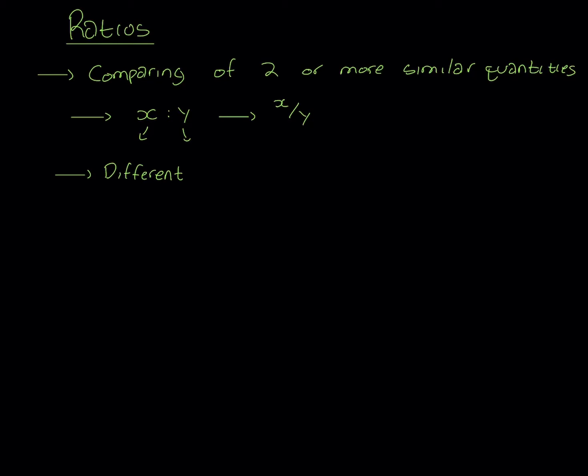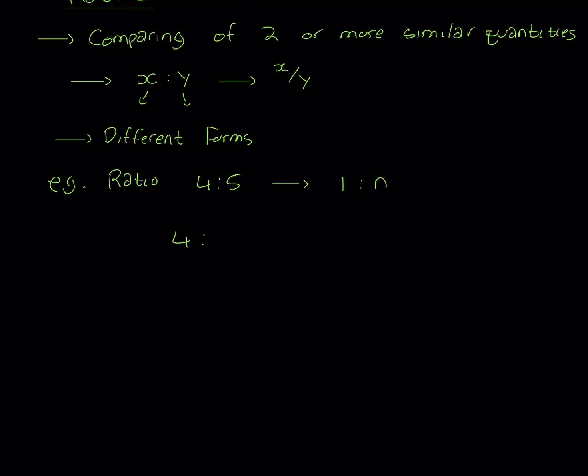What do I mean when I say this? Let's look at an example. Okay, let's say you're given the ratio 4 is to 5, and we want to convert it essentially into the ratio 1 is to n. All right, over here we say that the ratio 4 is to 5.